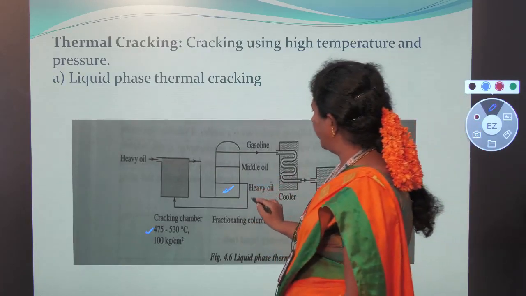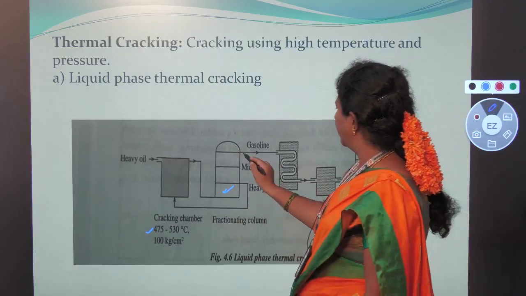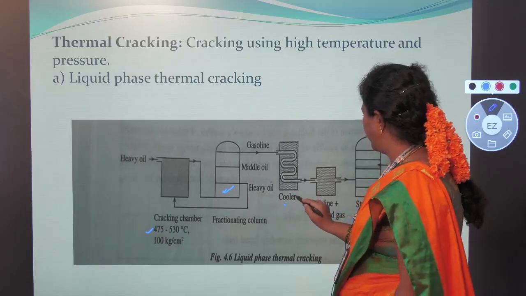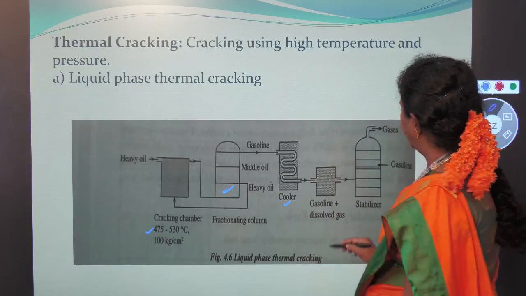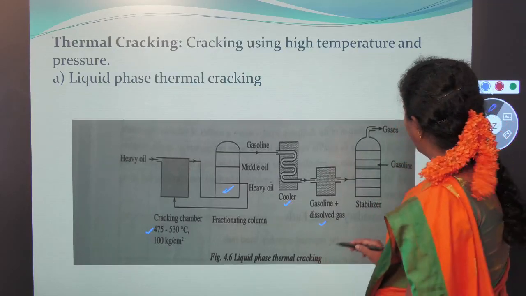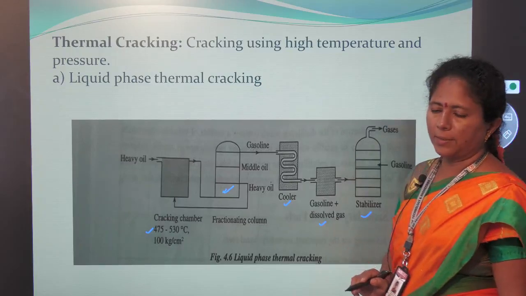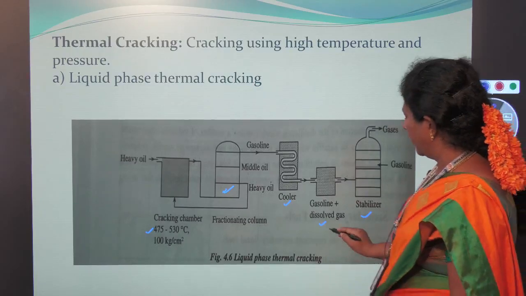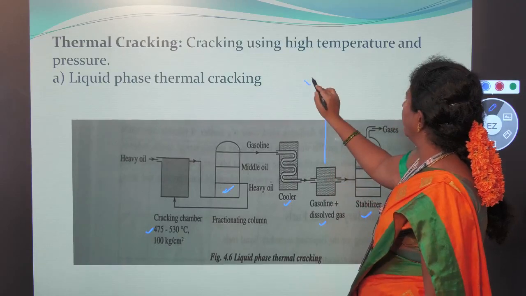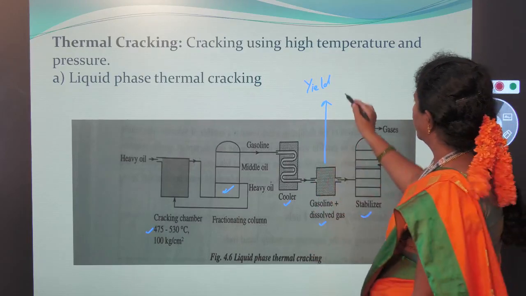The heavy oil is again subjected to cracking, and the gasoline obtained is cooled. Here we get gasoline plus dissolved gas, and the gasoline formed is stabilized by passing it into a stabilizer. The gasoline is the yield of petrol. Gasoline means petrol.